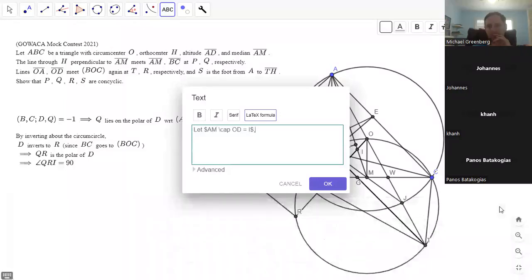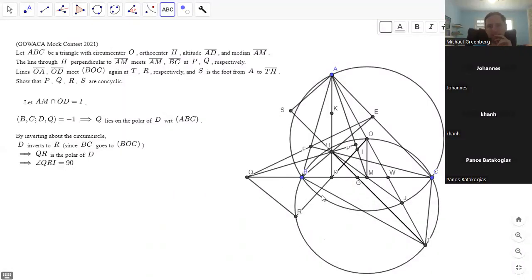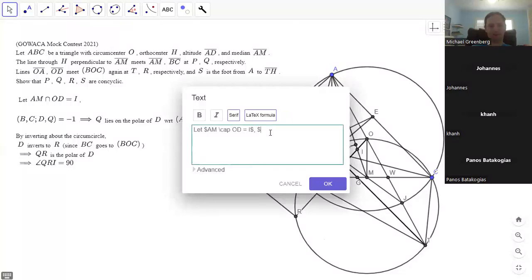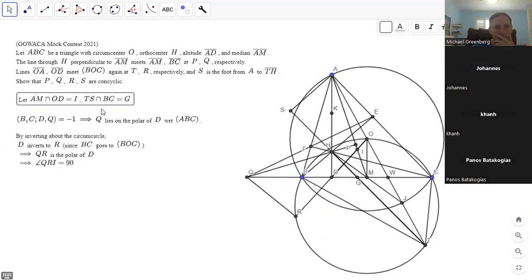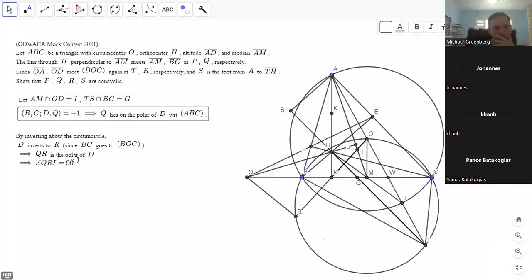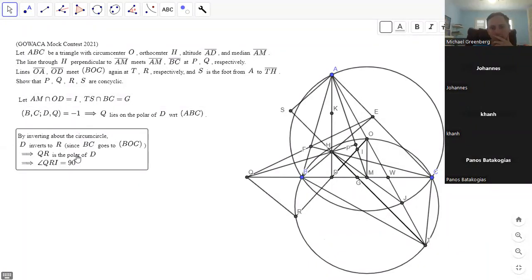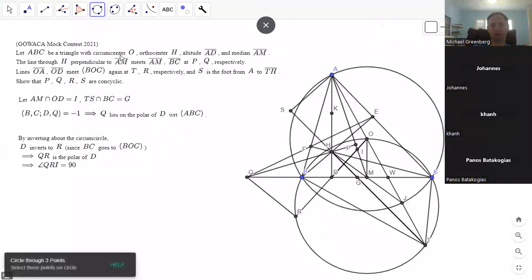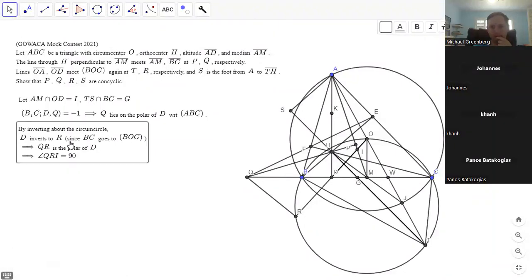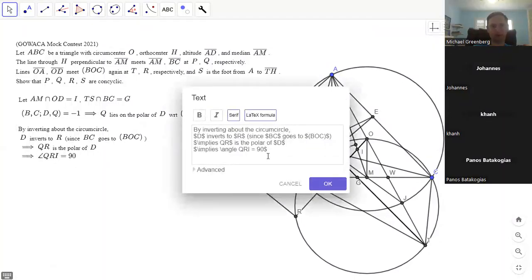And let TS intersect BC at G. Okay. What was I doing? Okay, so first we use power of a point to show that QPIR is cyclic.